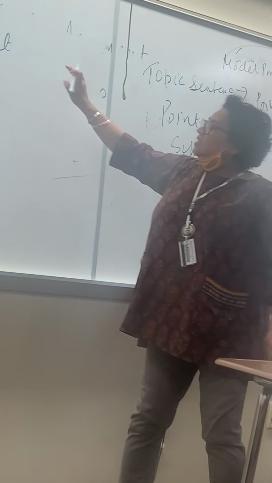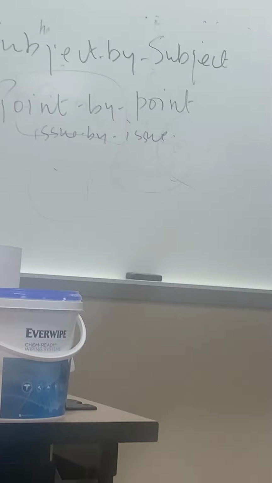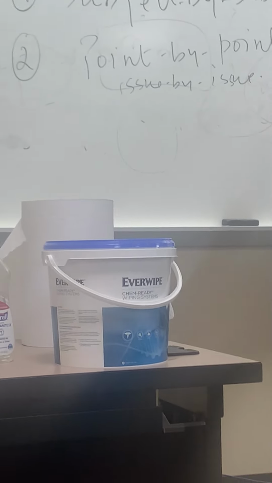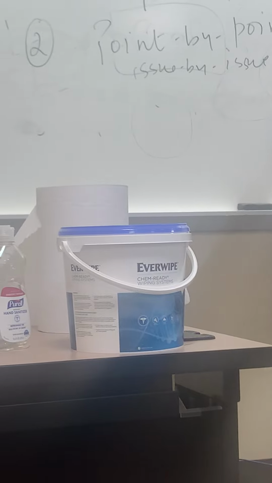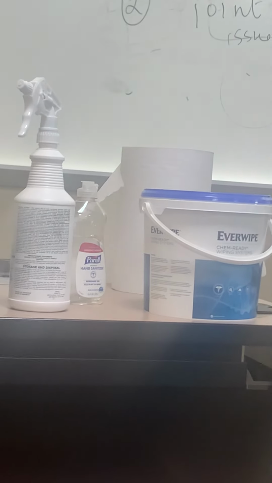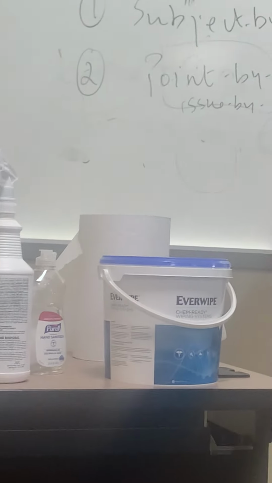Forgive me, subject by subject looks a little bit different. So it's topic sentence, then subject A, its characteristics, right?